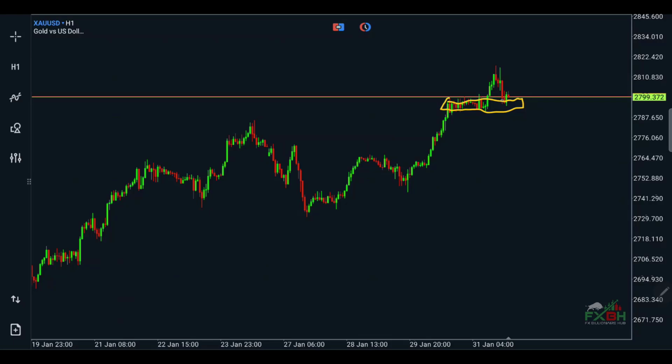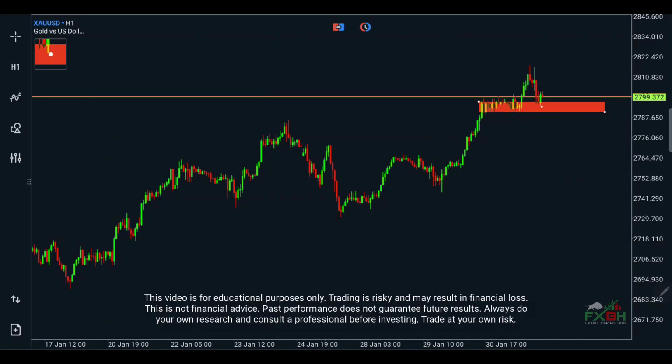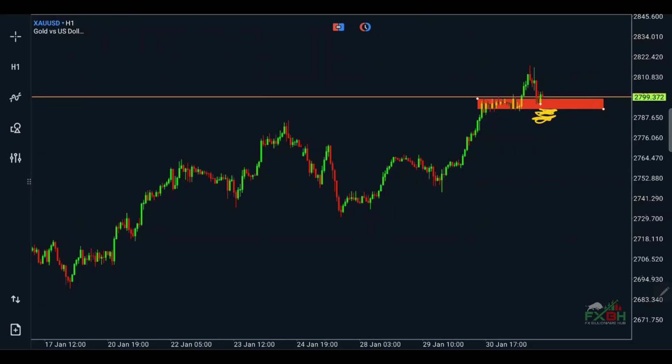Your entry should be around that particular area, like let me draw it. Your SL should be below the red rectangle, and your TP should be that area where your risk to reward ratio is 1:3 in this particular section.